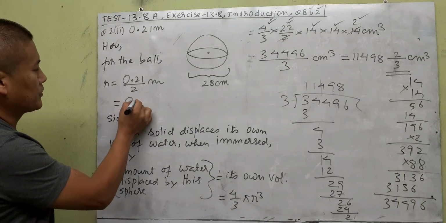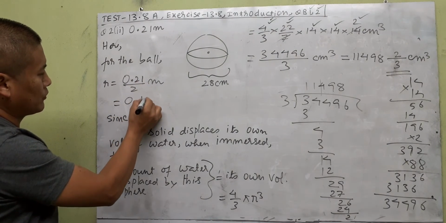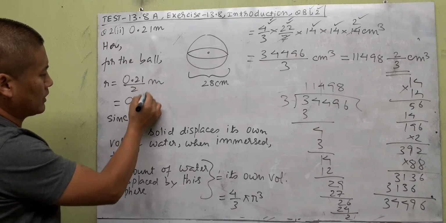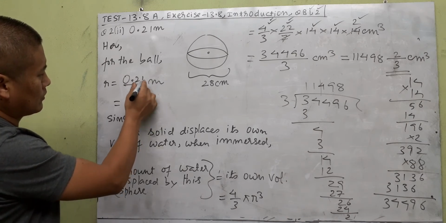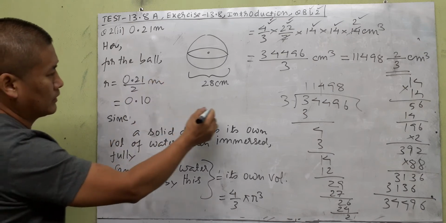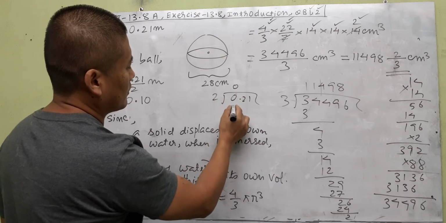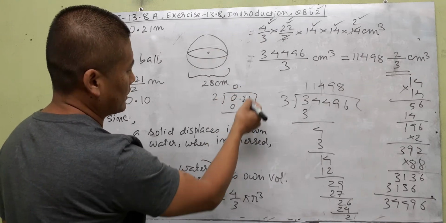So 2 zeros are 0, then 2 1s are 2, no in hand. 1 is less than 2, so we put point means 10. So 0, and then 1 remainder, see here, 0.21 divided by 2. 2 zeros are 0, right, point means here.